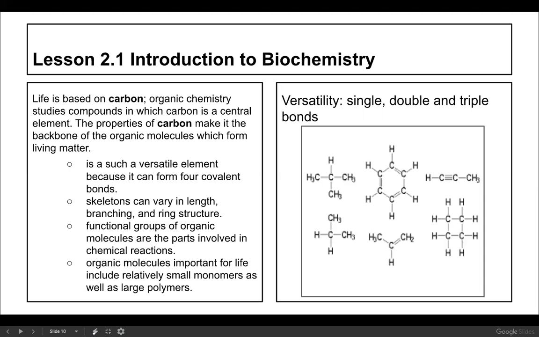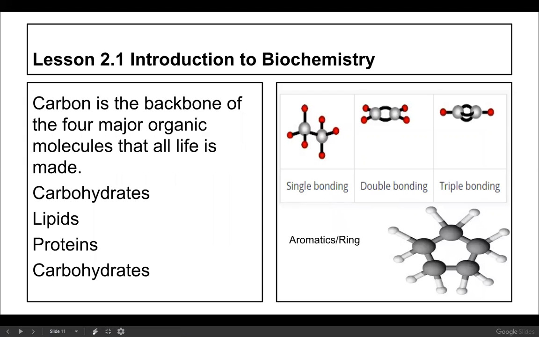Organic molecules are important for life, and include relatively small monomers as well as very, very large ones. You're looking at a couple of different kinds of molecules here on the right. You can see some of them are ringed, some of them are branched, some of them are linear. One of the unique things about carbon is that it can bond in a couple of different ways. It can have a single bond.